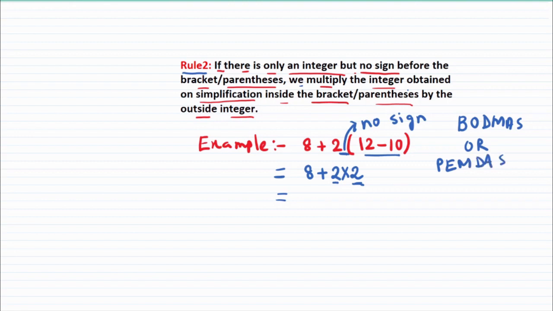So here in both the cases multiplication comes first before addition. So let's finish that part. 2 times 2 is 4. Then now only one operation is left. This is 12, and this is my final answer.